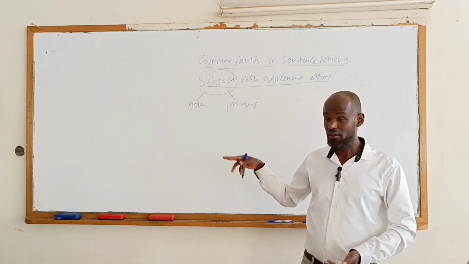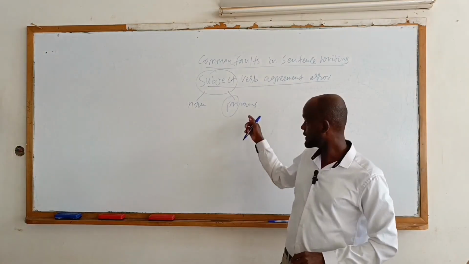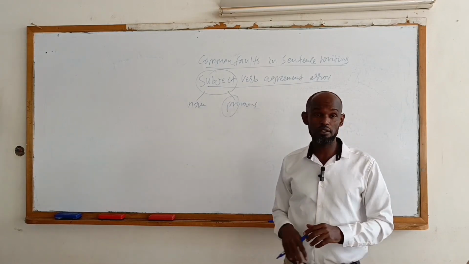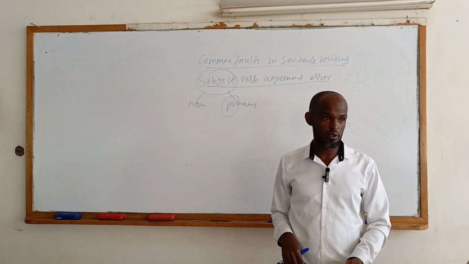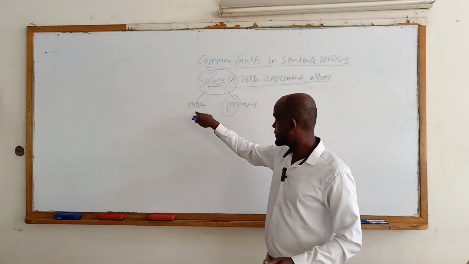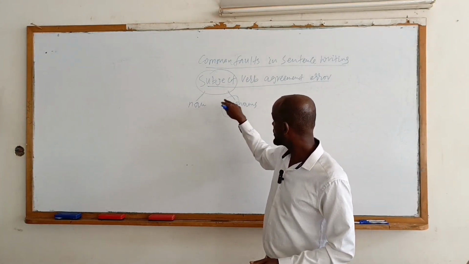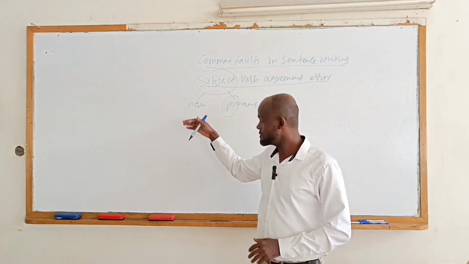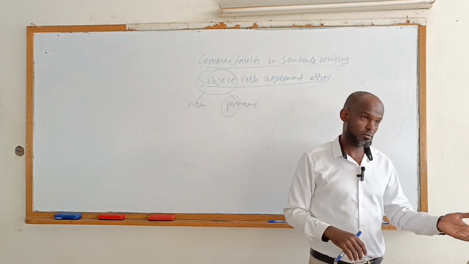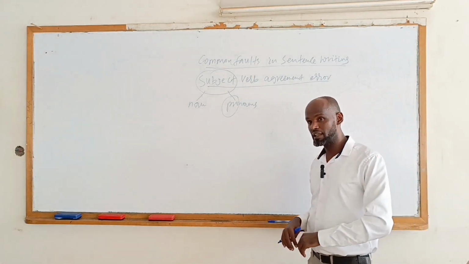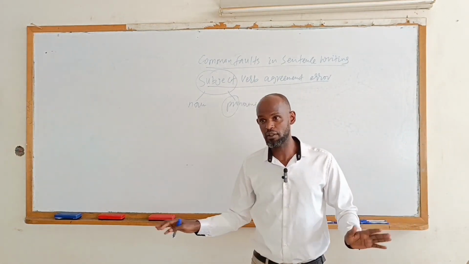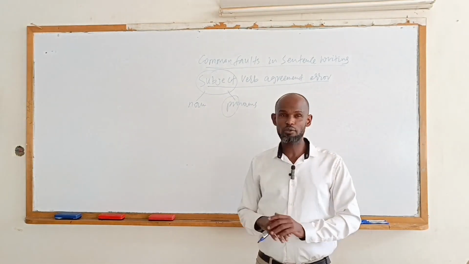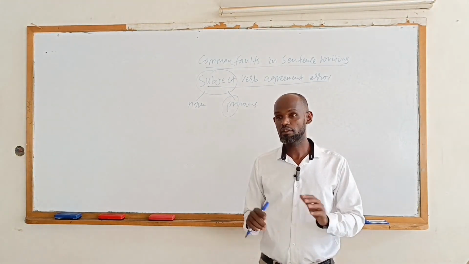Pro is a prefix added to noun, and it gives us pronoun. That means for noun. So we can use noun or pronoun as a subject in sentence construction. A noun can be the name of a person, a place, a thing, and so on. Noun can also be plural or singular.